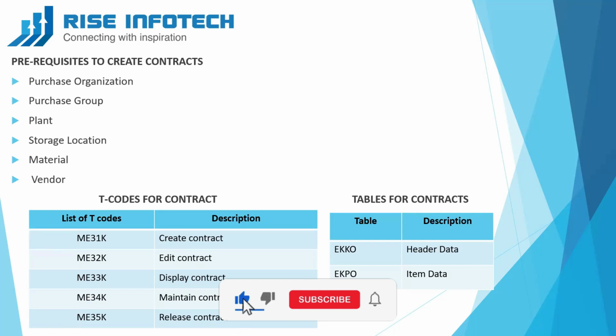To create the contract, we have the T codes: ME31K to create the contract, ME32K to edit, ME33K to display the contract, ME34K to maintain the contract supplement, ME35K to release the contract. If you want to see details in table form, in SE16N we can see EKKO for the header data and EKPO for the item level data.